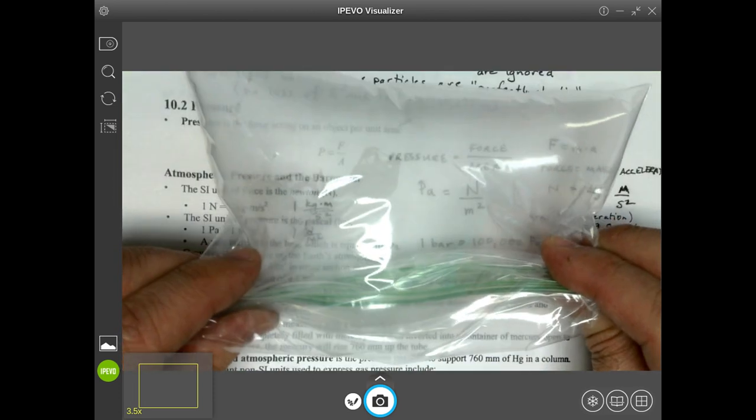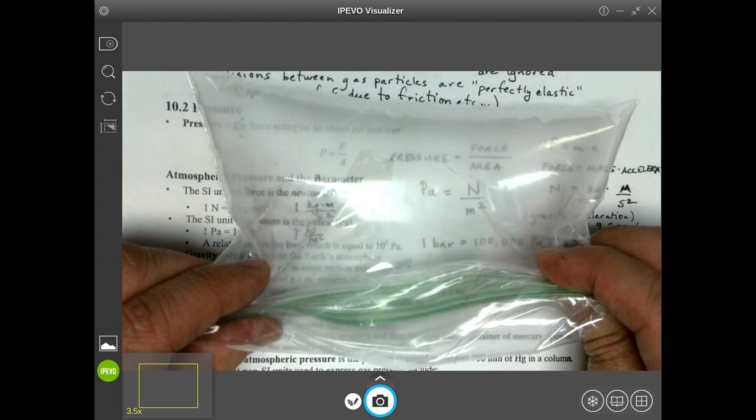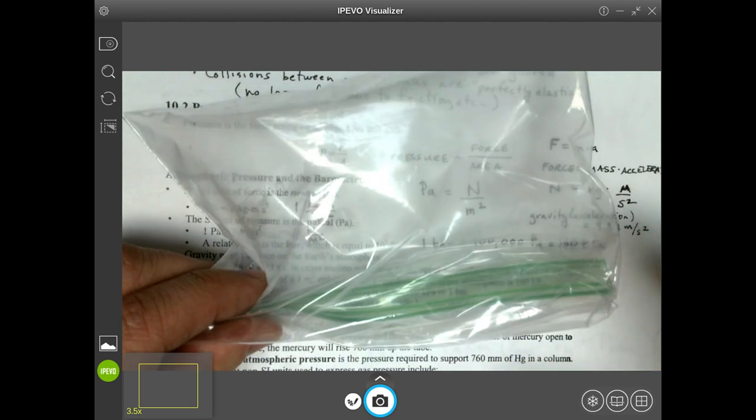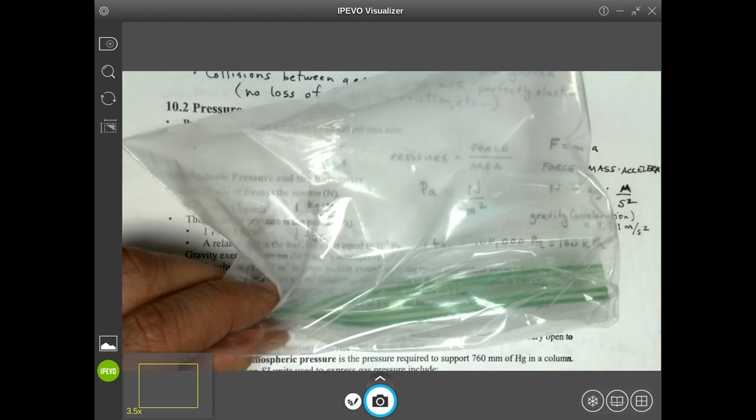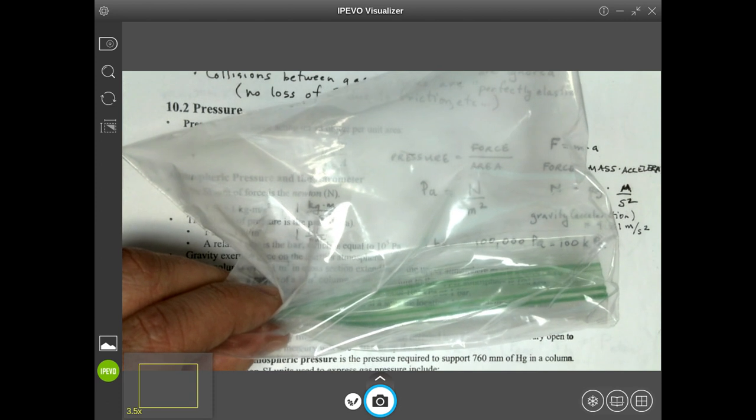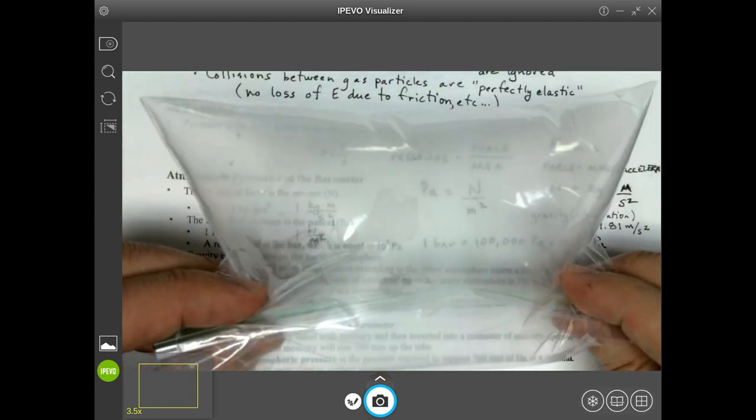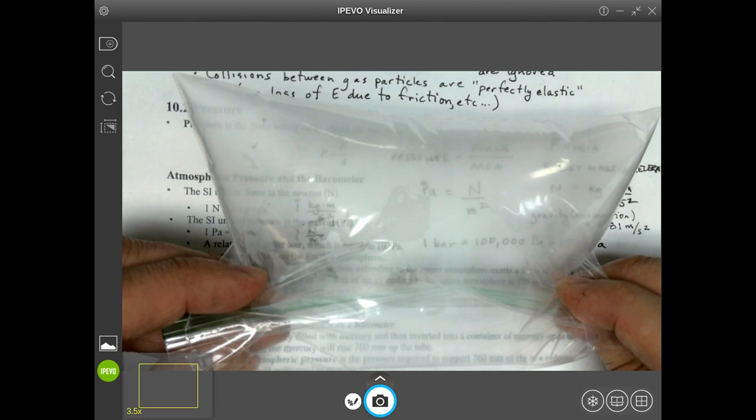When you squeeze or reduce the volume, what happens to the air pressure? It goes up. Air pressure always wants to equal out, just like temperature. So if we squeeze the lungs down, the volume, that makes the pressure inside the lungs go up, which means what's going to happen?